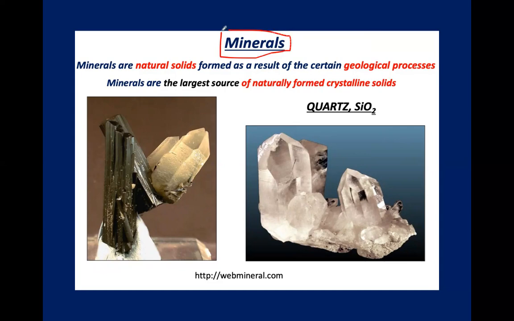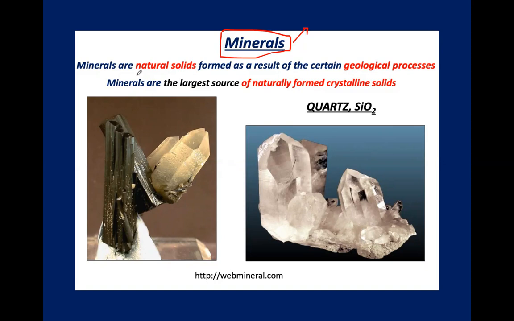So these minerals are also crystalline. We call them crystalline because these minerals have some specific shaped items, which we already termed as crystals. So that means minerals can also be defined as crystals.